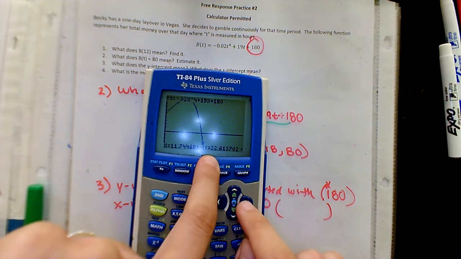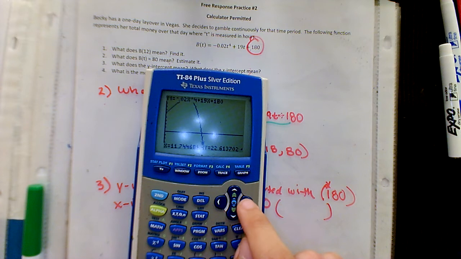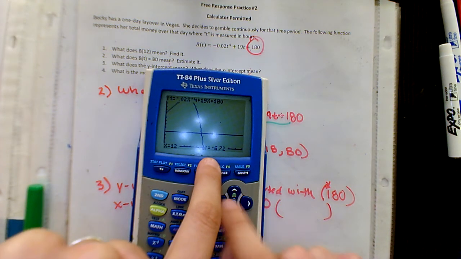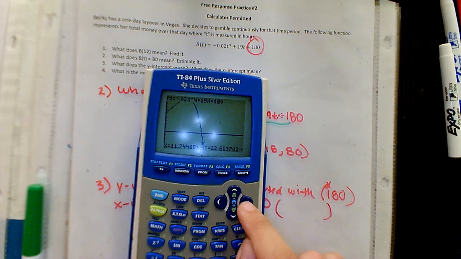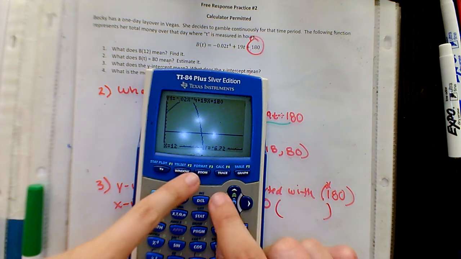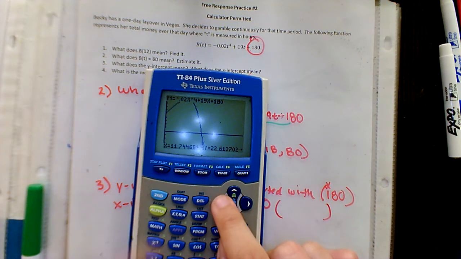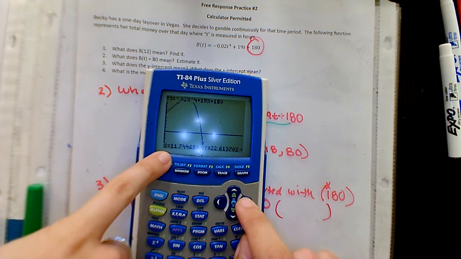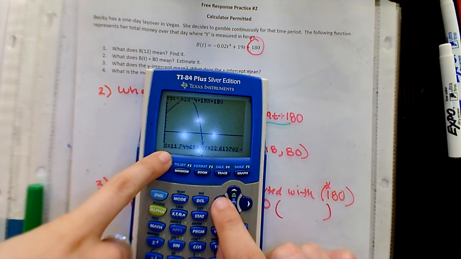At one point, I have 22.6, and at the very next point, I have negative 6.7. So with the particular window that we have in there, this is as close to 0 as we can get. So our actual x-intercept is probably something between 11.7 and 12.